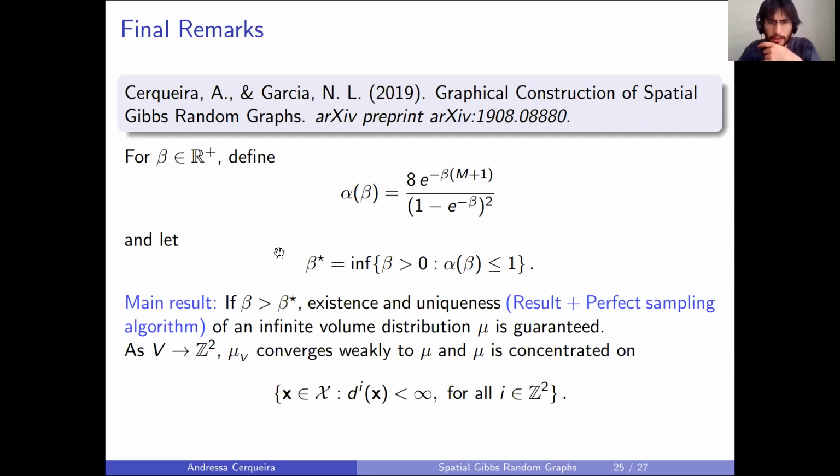But you expect somehow that there's still this type of phase transition, where you don't have, let's say, uniqueness anymore, or you start having at least infinite range edges? That's a good question. Anatoly actually asked me the same question a few weeks ago. I don't know exactly if we have a phase transition here.